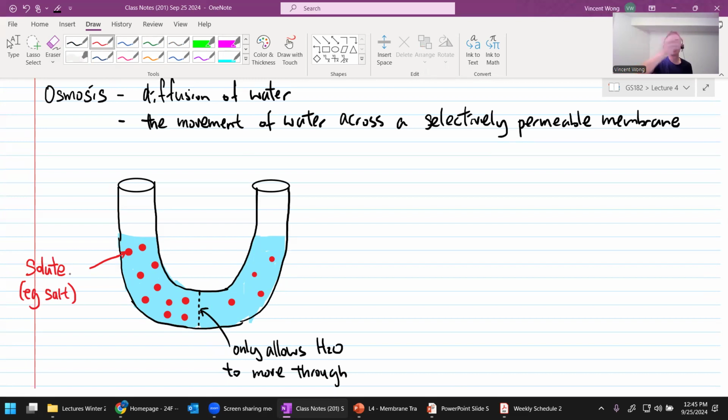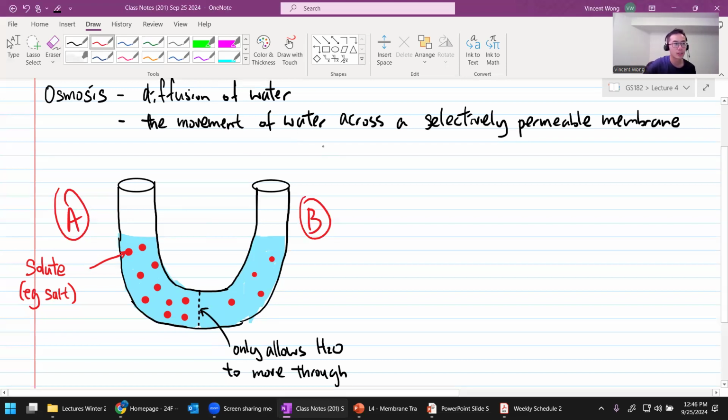So I want to know which side has higher concentration. Let me just do a poll here. Which side has higher concentration? Is it A, this side, or B, this side? Both sides have the same amount of water, but a different amount of salt. Which side has higher concentration?